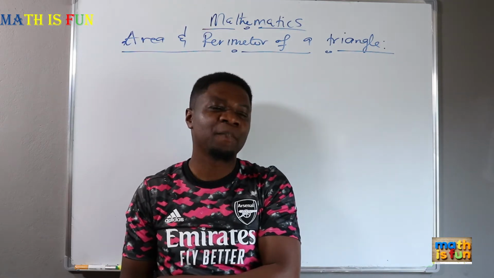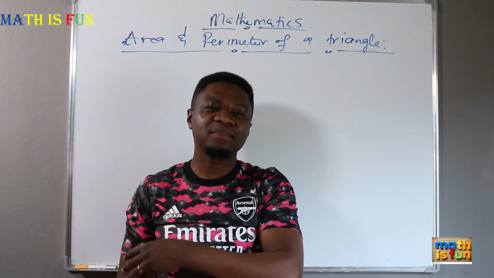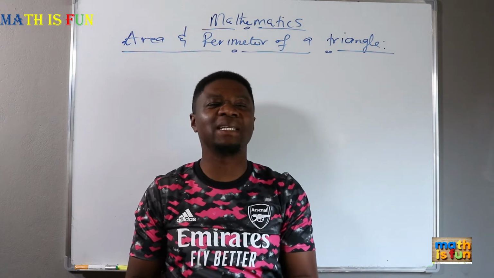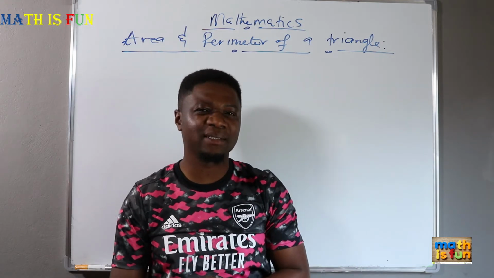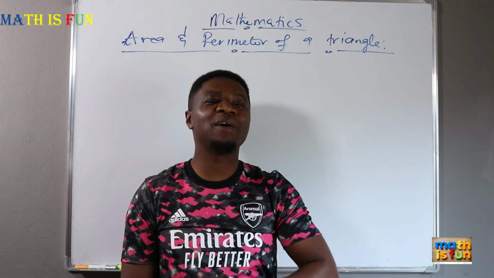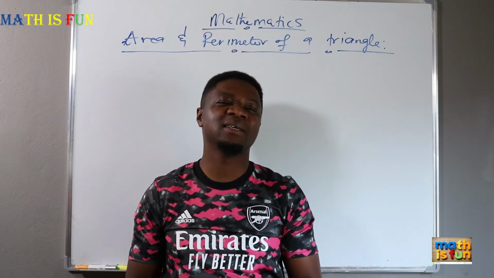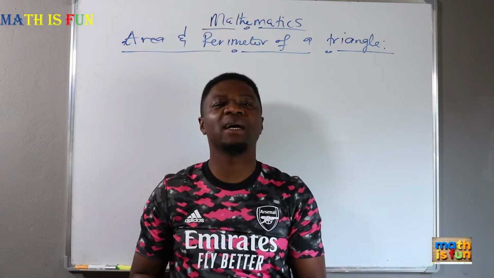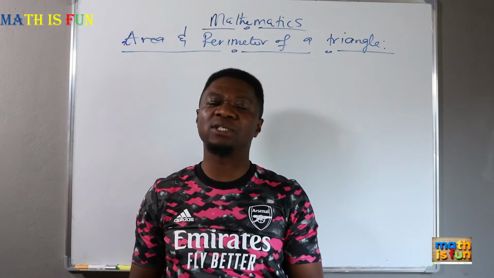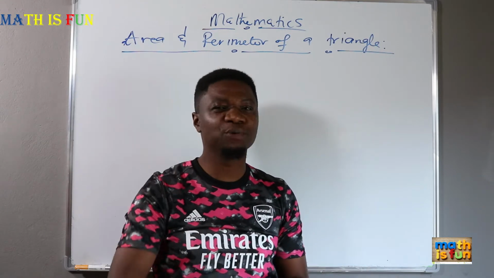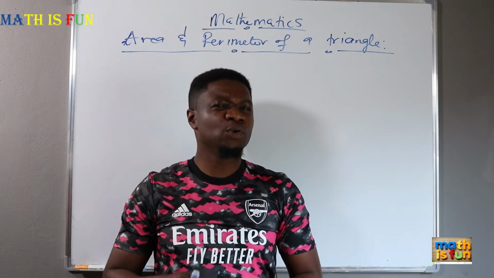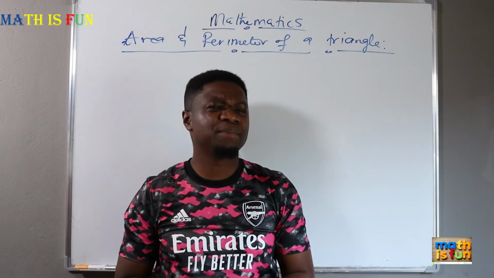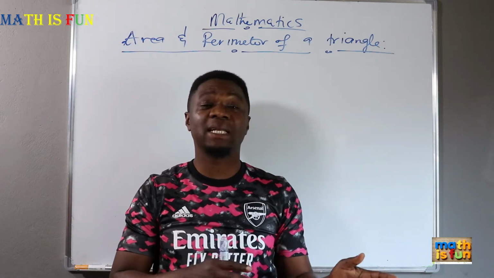By looking at the sides also, we say it is an equilateral triangle. Then we also have right angle triangle, having one of the angles to be a right angle and the others to be what? Acute angles. So going through all this, we can also categorize by looking at the sides alone.